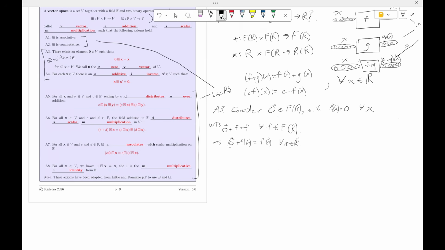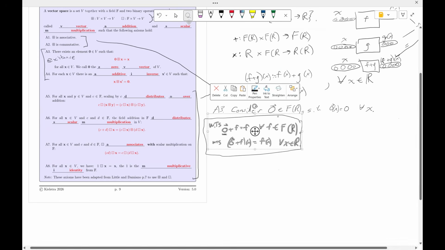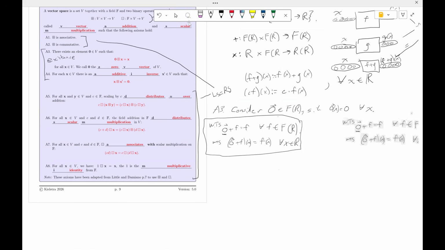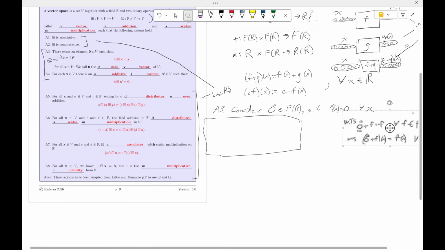And if I can show that this is true, I've shown that the 0 function acts like the 0 vector. So this is my goal. Okay, we'll take this and we'll move it all over here as the thing I want to show.